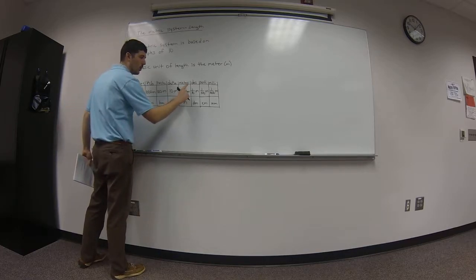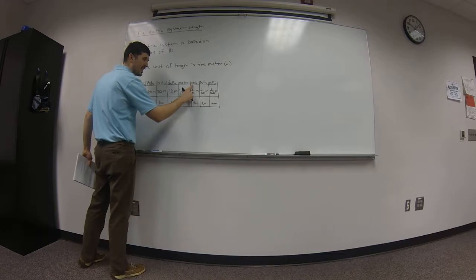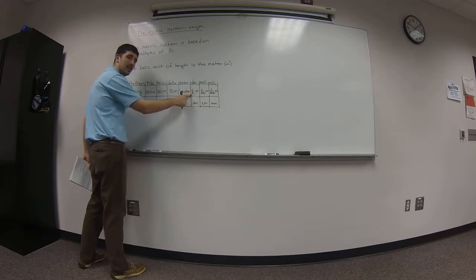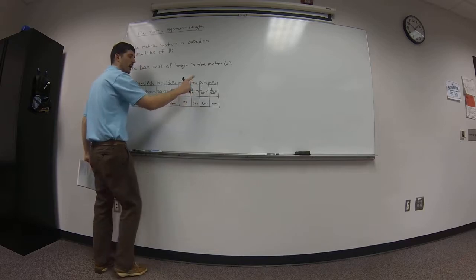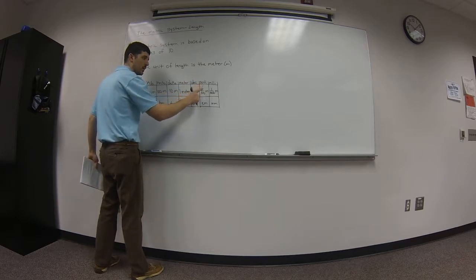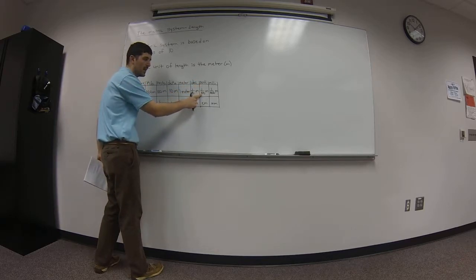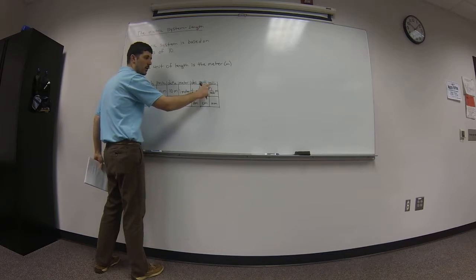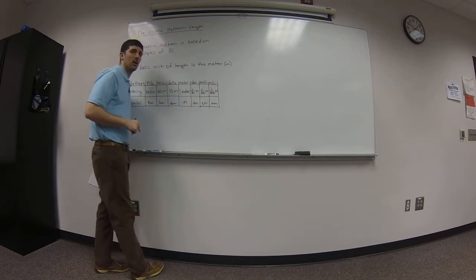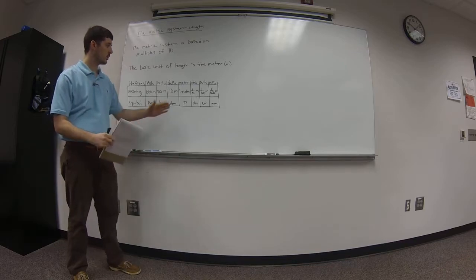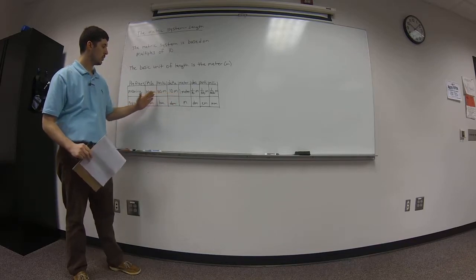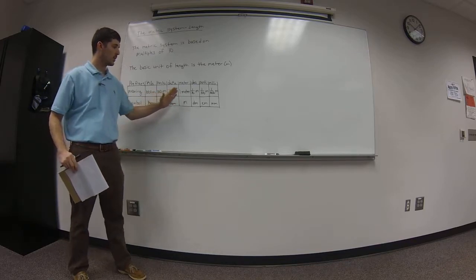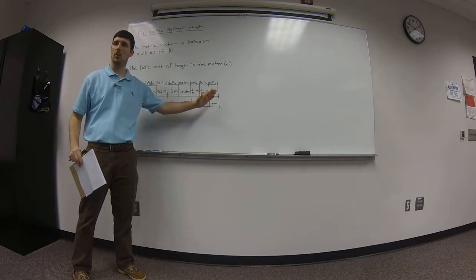If I have 1 decimeter, that's equal to 1/10 of a meter. If I have 1 centimeter, that's equal to 1/100th of a meter. And if I have 1 millimeter, that's equal to 1/1,000th of a meter. So you can see as you go to the left, they get larger. As you go to the right, they get smaller.